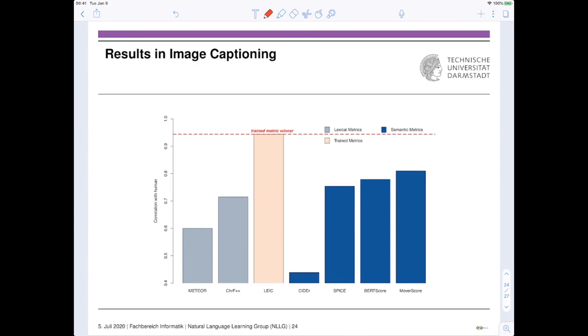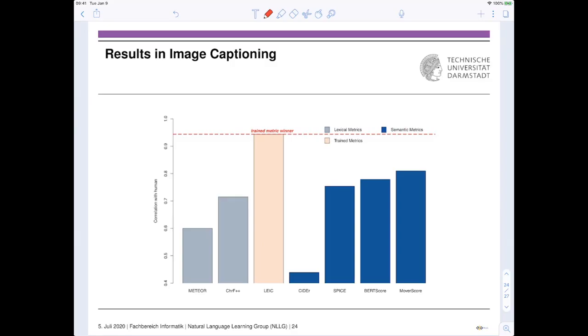Now let's see the results in image captioning. The goal of this task is to generate a caption from a given image.